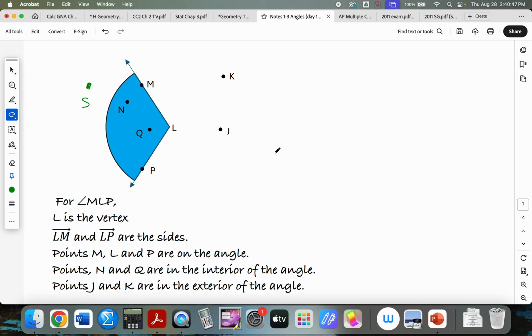Interior, exterior, or on the angle? It'd be in the interior. It's in between, because these two sides keep going forever and ever. So it's anything inside of there will be interior. Okay? It's not just what's inside of this one curve that I drew.